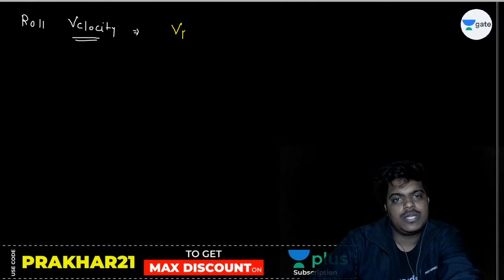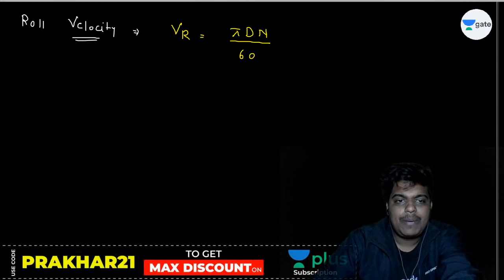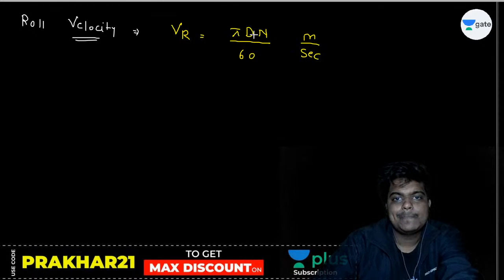The roll velocity VR can be said to be pi D N divided by 60. Is it clear? Meter per second. ठीक है.